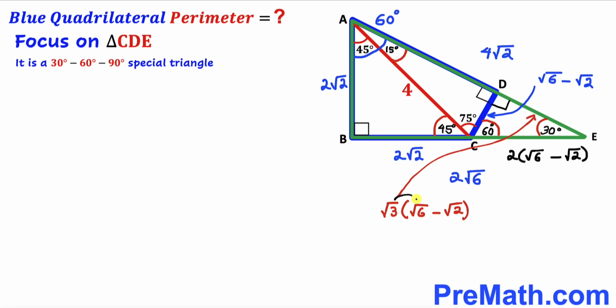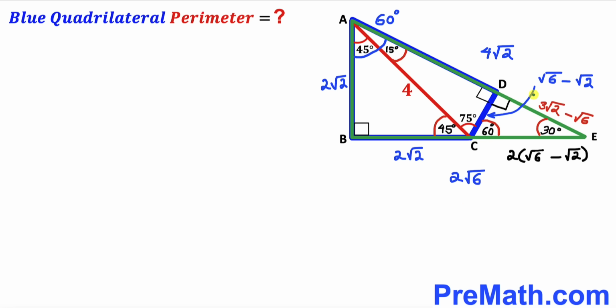And now let's go ahead and distribute, multiply. So when we multiply this thing, that is going to give us 3 times square root of 2 minus square root of 6. So thus this side DE length turns out to be 3 times square root of 2 minus square root of 6. And now let's make an observation.